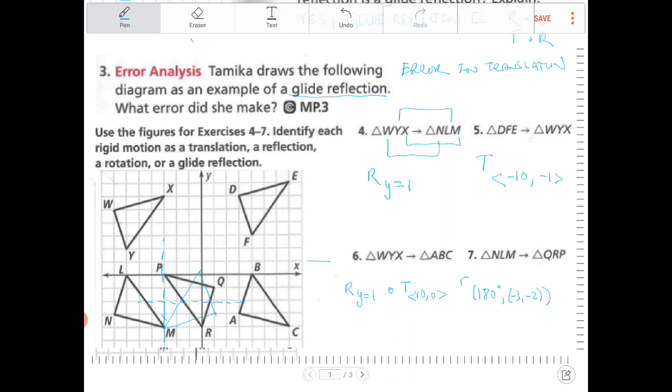So we can reflect first over the line x equals -3, and then reflect over the line y equals -2. So this is an alternative, both of which will give you the same thing. So two different ways of doing it.